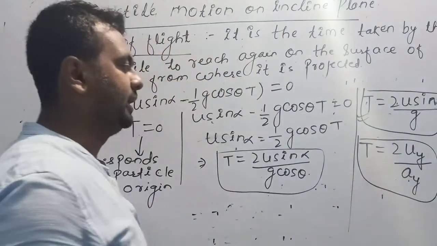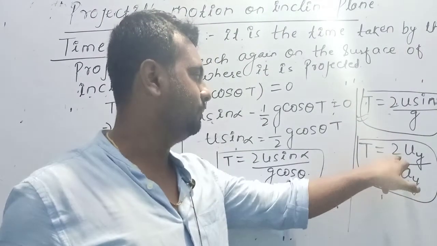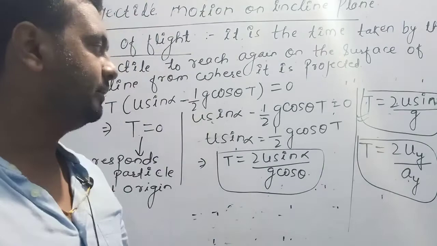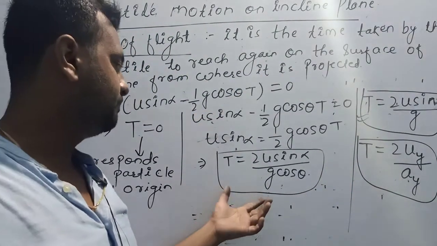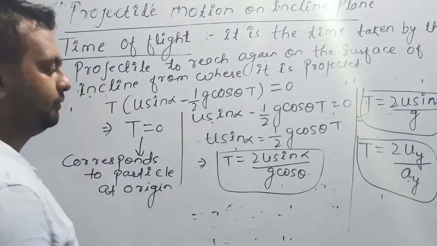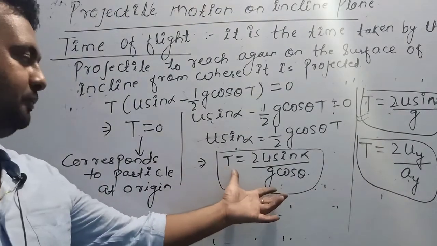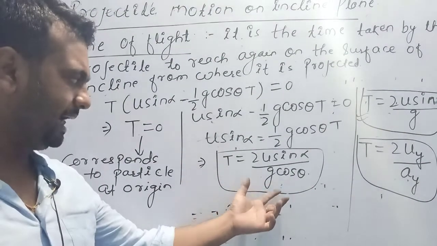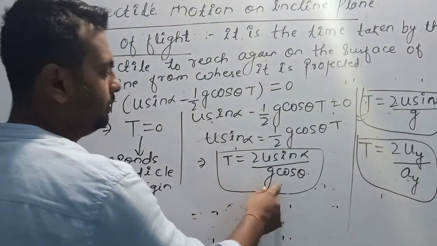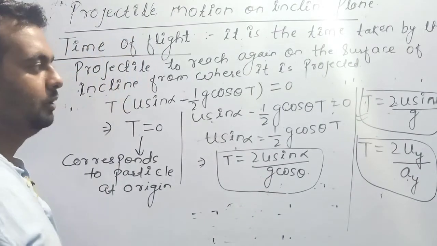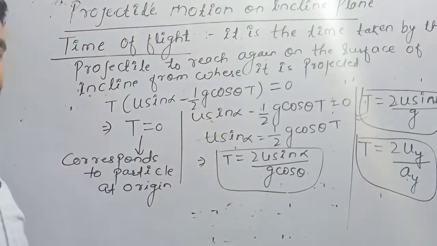With this formula you can remember. If this formula is memorized, then you can simply write the value of time of flight of a projectile from down to top, and for a projectile with some angle theta with the ground.